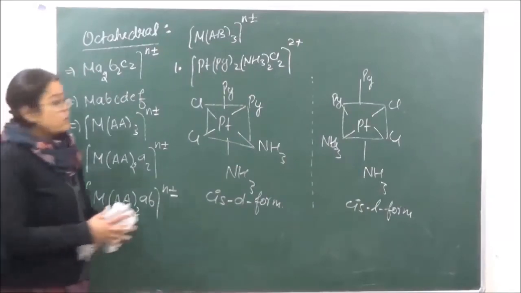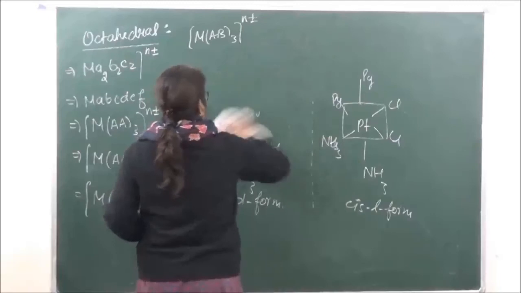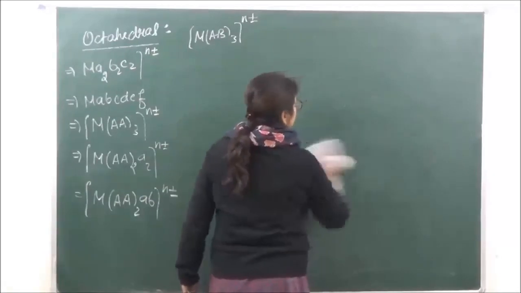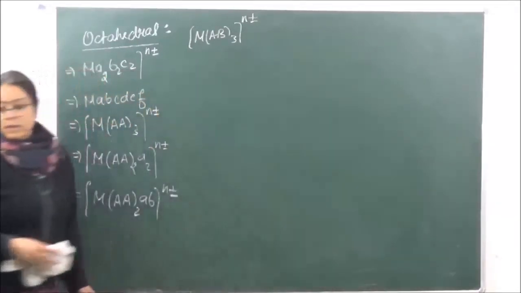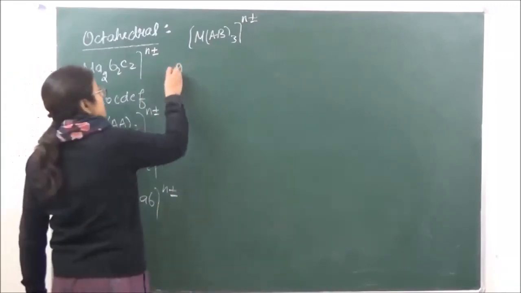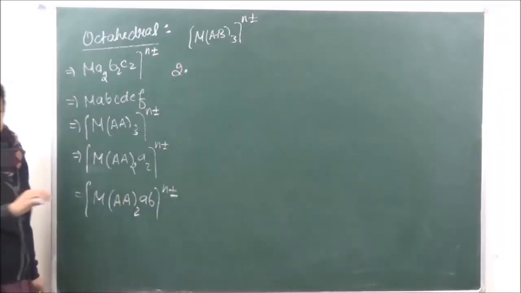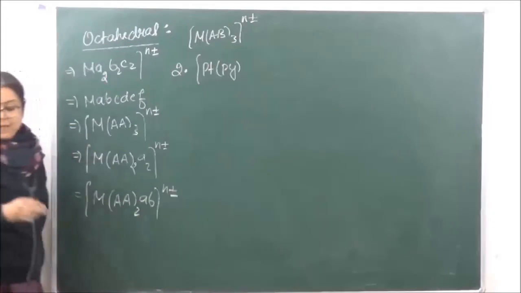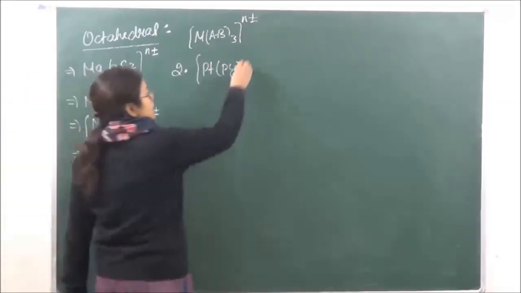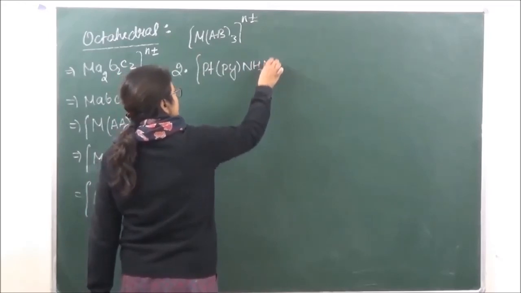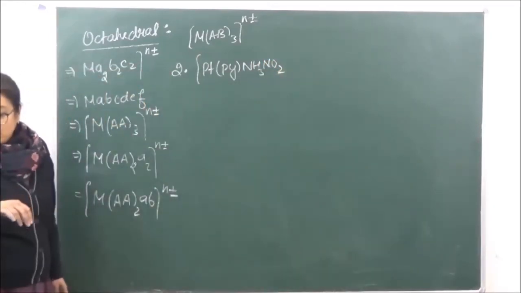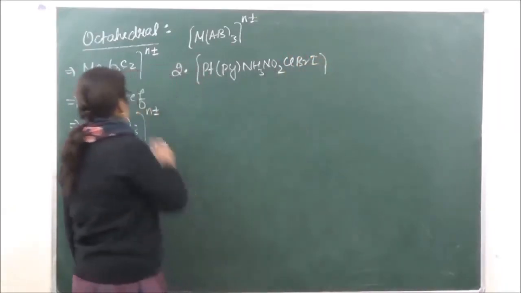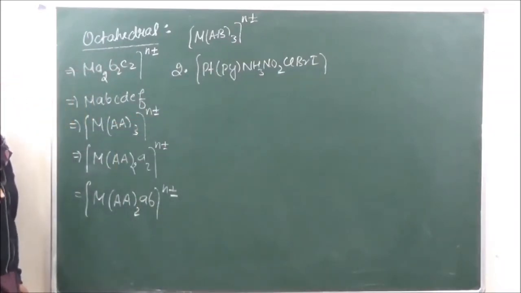The second example which we are taking over here is platinum, then we have pyridine, NH3, NO2, Cl, Br and I. So we are taking an example of MABCDEF.